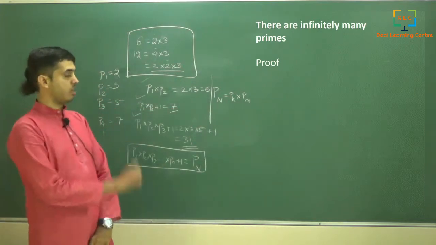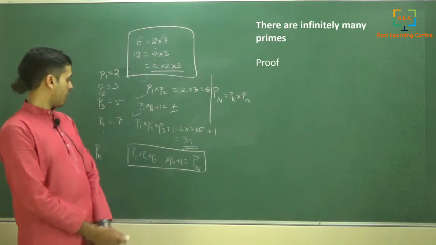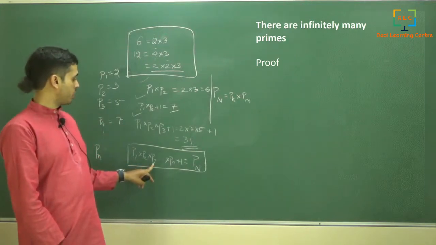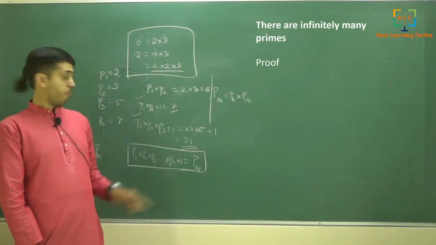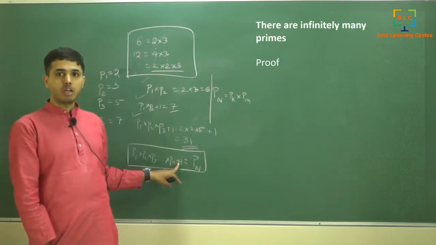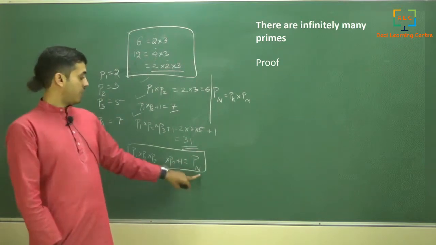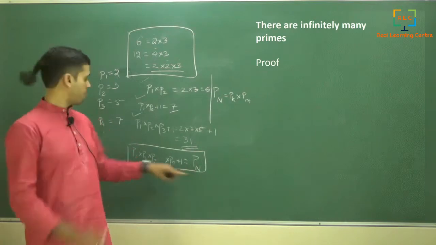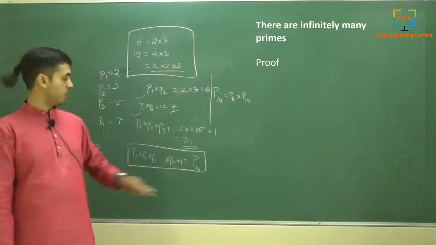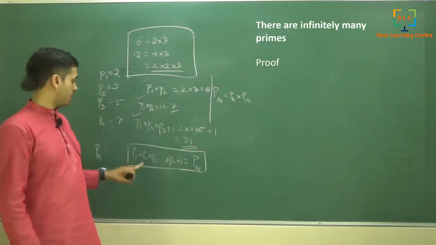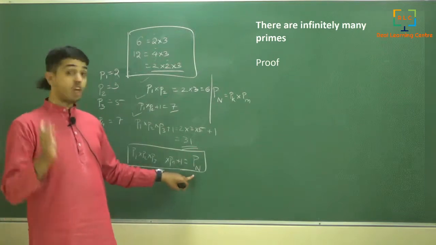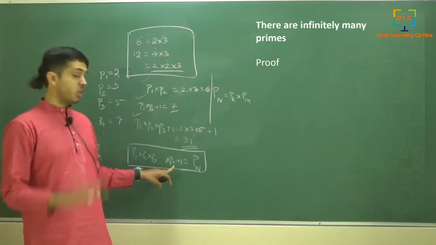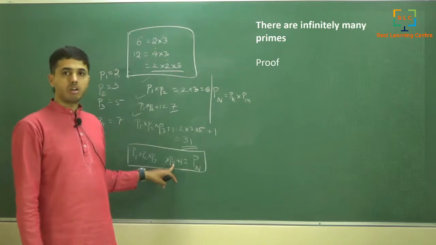Okay, fine. Now I have got P1 into P2 into P3 up to Pn, plus 1. It means what? Pn is not divisible by P1. Pn is not divisible by P2. Pn is not divisible by P3. It is not divisible by Pn.